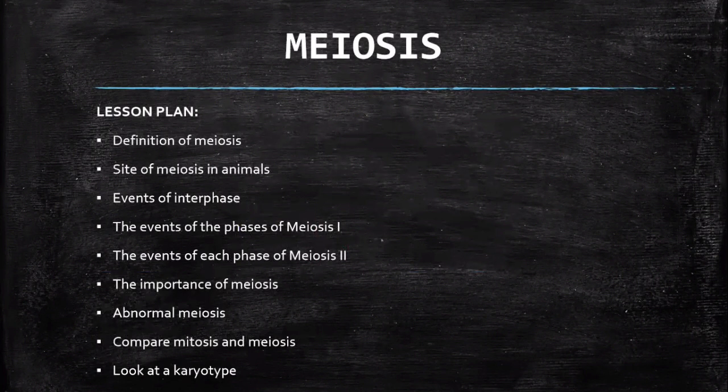It's called interphase because it's between the two phases, mitosis and meiosis. Then we're going to look at the events of meiosis 1 and 2, the importance of meiosis, abnormal meiosis, and we're going to compare mitosis and meiosis. And last but not least, we're going to look at the karyotype.